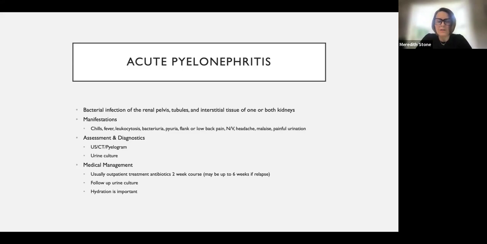Cultures are going to be how they determine whether or not it's cleared. It's very, very important that they are really well hydrated to keep that flushed out. I think that's all I wanted to say on that.